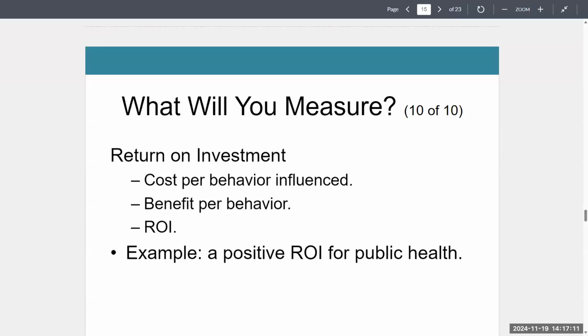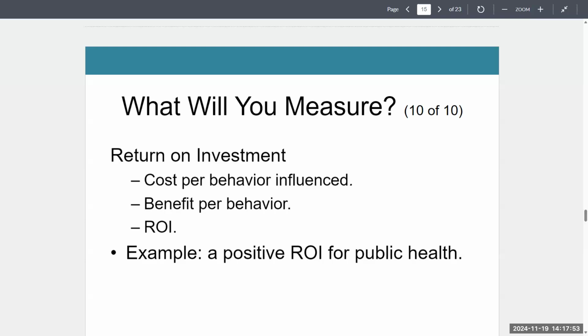So again, run you through the numbers one more time. You have 10,000 households that were reached. Each household that you reached reduced their waste cost by $10 annually, so a year. If you put all of these households together, you have $100,000 of reduction every year because of your campaign. So the benefit per behavior is $10.